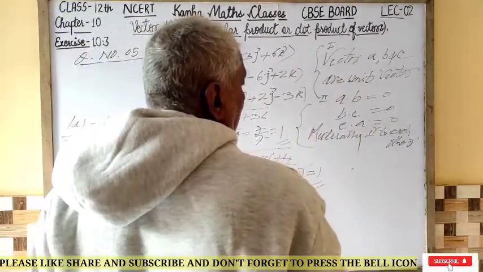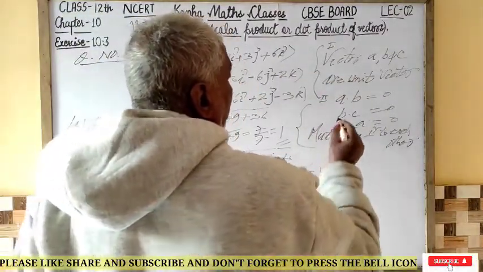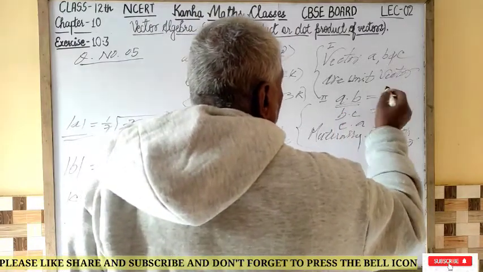Now we have to show that all three vectors are mutually perpendicular to each other, which means the dot product of A and B should be equal to 0.